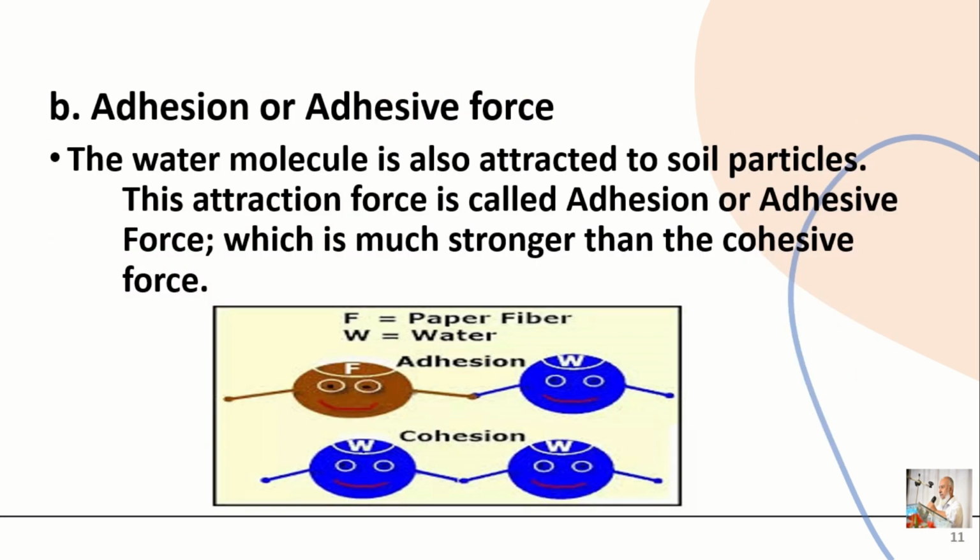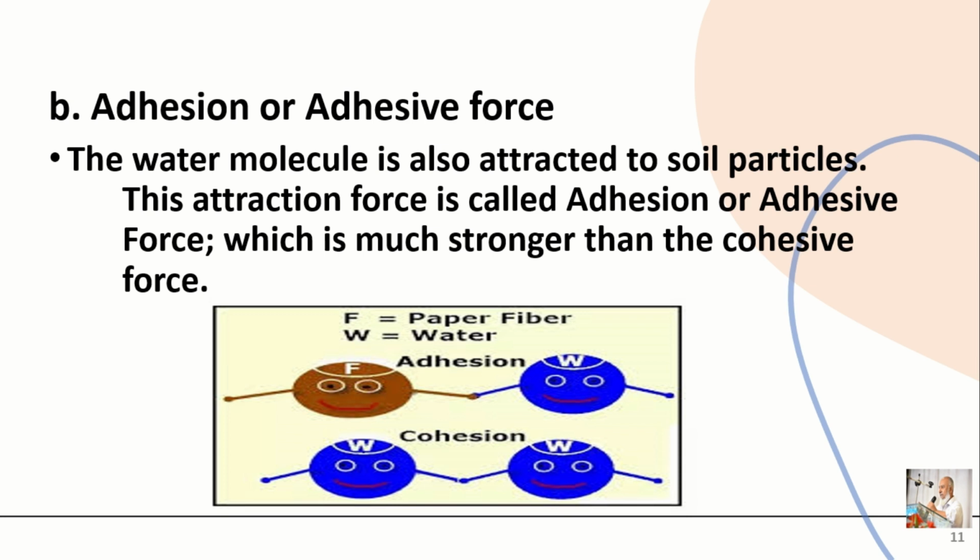This is another example to explain it. Adhesive forces or adhesion: water molecule is attracted to soil particles. This attraction force is called adhesive or adhesion force, which is much stronger than the cohesive.